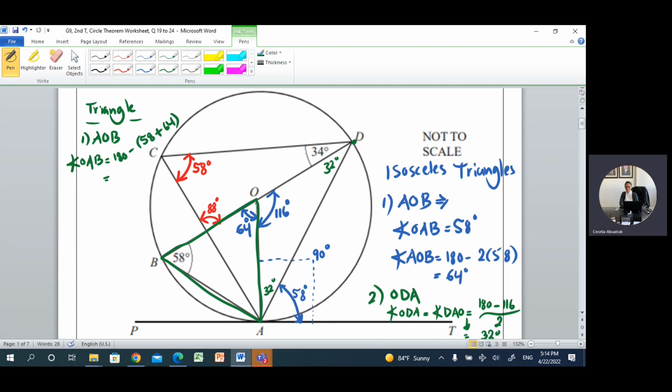So 58 plus 64 is equal to 122. We subtracted from 180. So this angle here is 58 degrees.